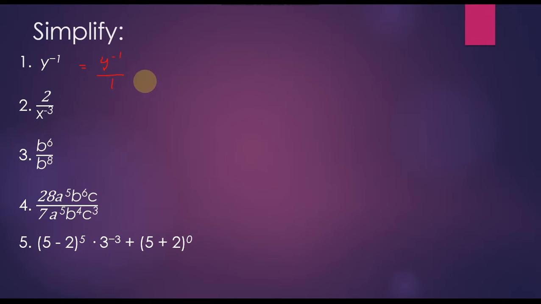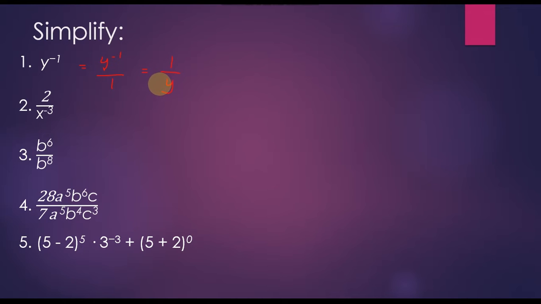And then, in getting the reciprocal, we can remove this negative sign, and this will give us 1 over y. As you can see, this base, which has a negative exponent, has been put in the denominator.